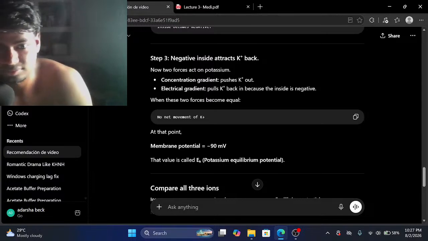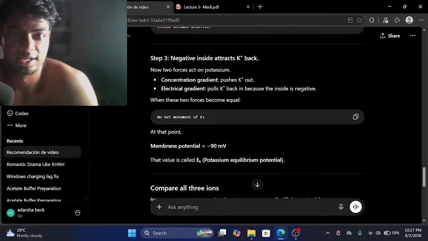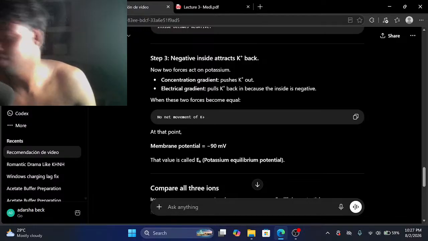Okay. So naturally, in a cell, potassium remains inside, and sodium is 10 times more concentrated outside the cell. Oh, that is why. Okay.